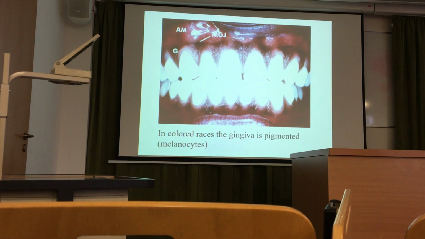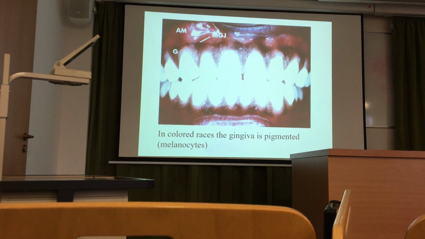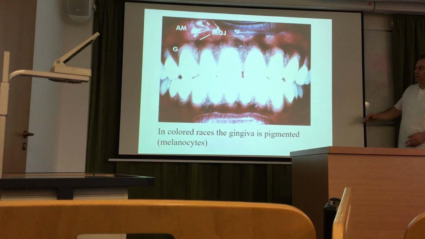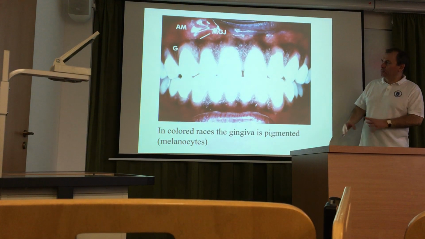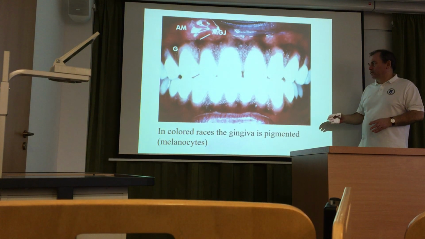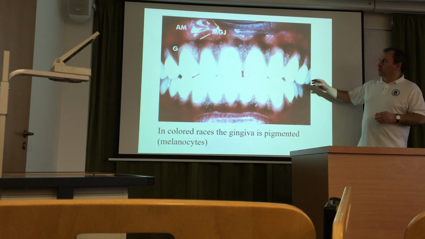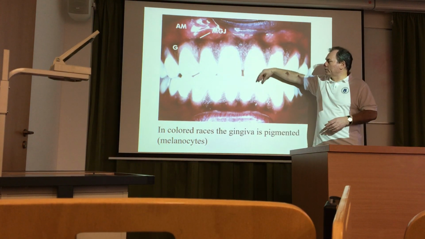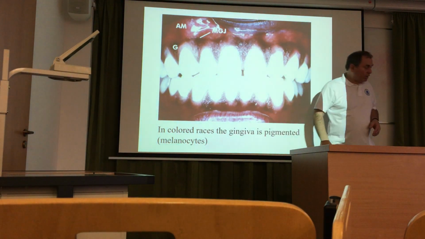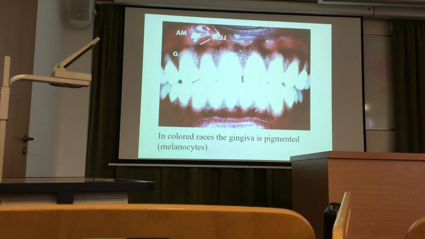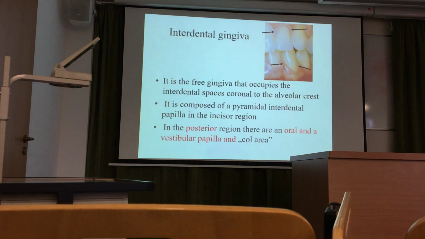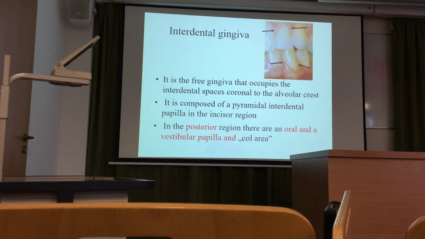The melanocytes can produce dark pigment, and the activity of the melanocytes could be different between different nations. So it could be normally different. It depends on the activity of these epithelial and subepithelial cells, the melanocytes.